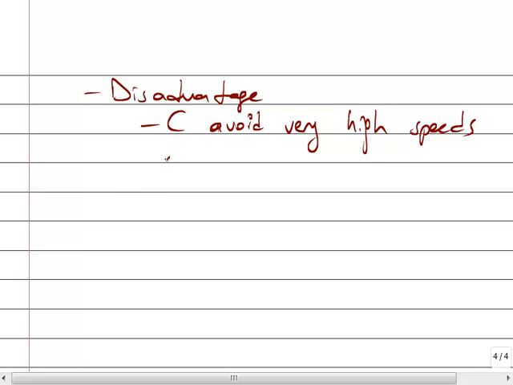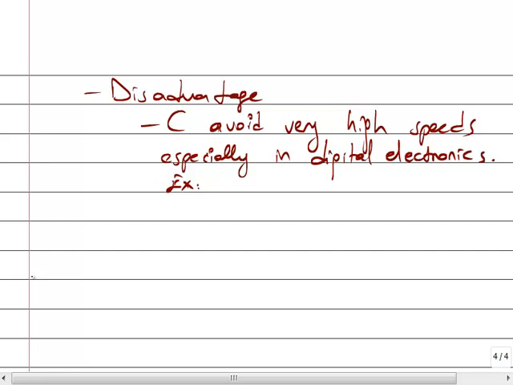Especially in digital electronics. For example, what's the speed of the microprocessor of your computer?